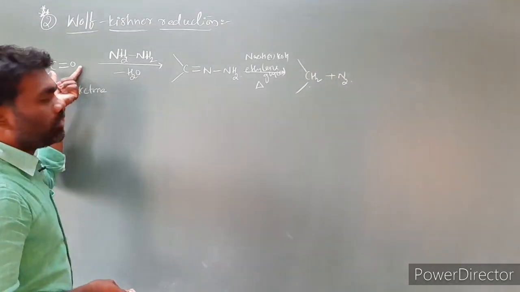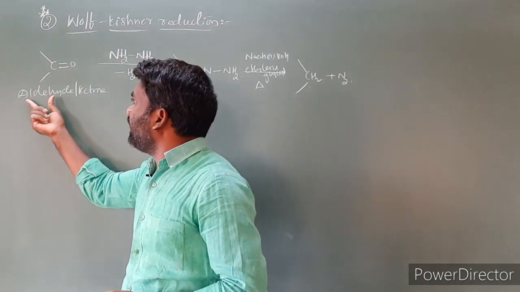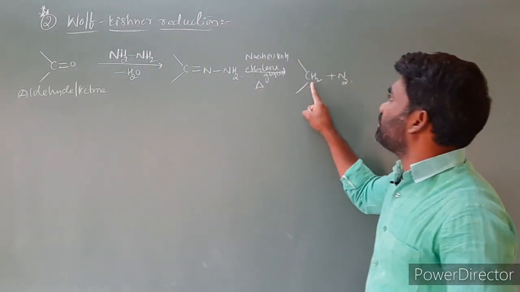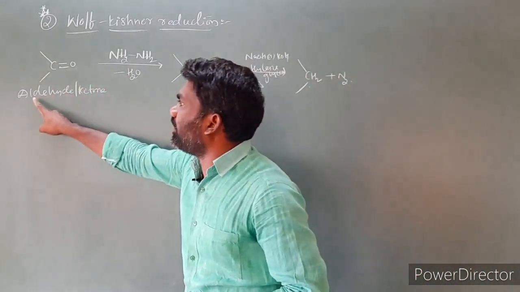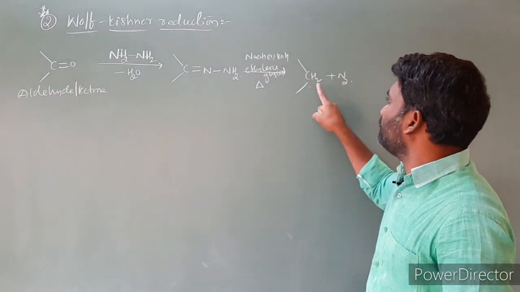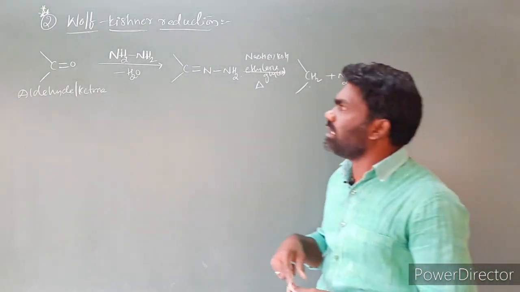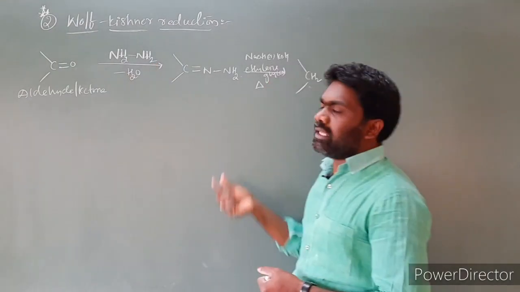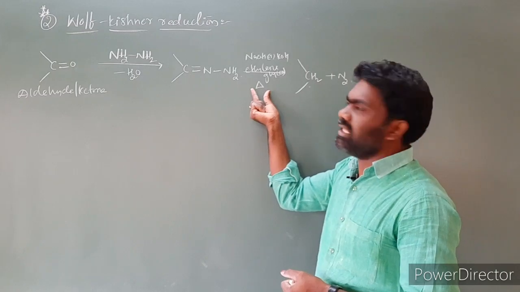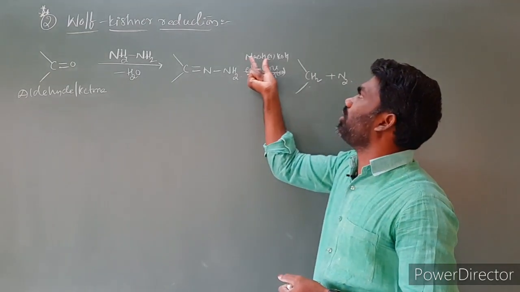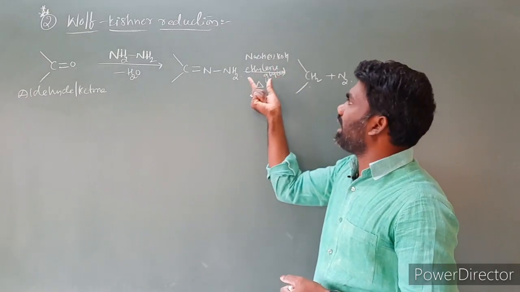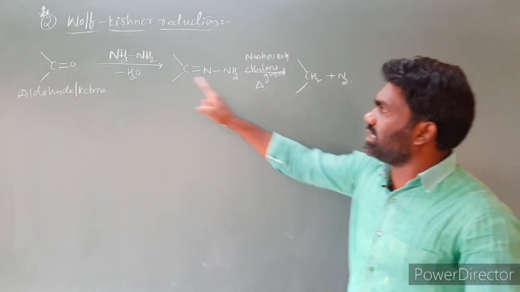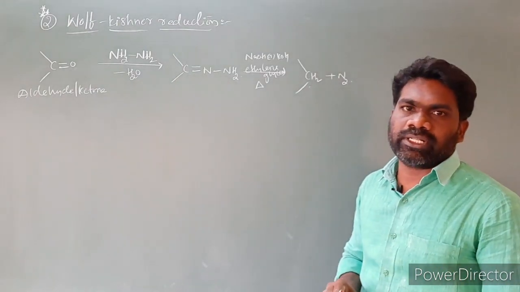The carbonyl group of aldehydes and ketones is reduced to a CH2 group on treatment with hydrazine, followed by heating with sodium hydroxide or potassium hydroxide in high boiling solvents such as ethylene glycol. This reaction is known as Wolff-Kishner reduction.